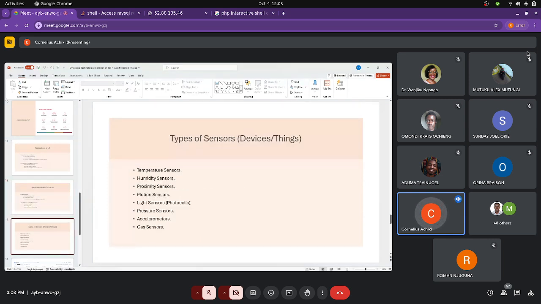So I've been talking about sensors, things, and devices. These are just some of the few sensors that you can look at. Temperature sensors. This one will just measure what is the temperature within a particular room or establishment, and what kind of action to take.